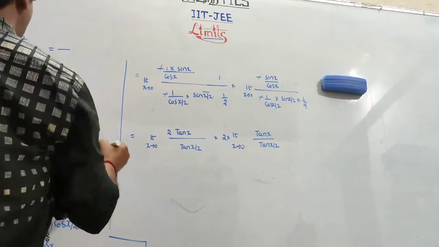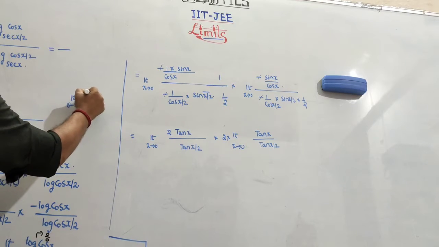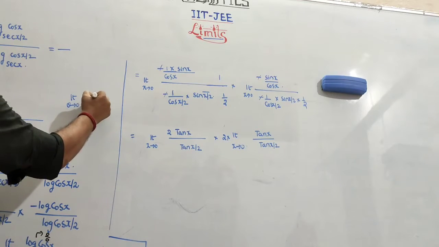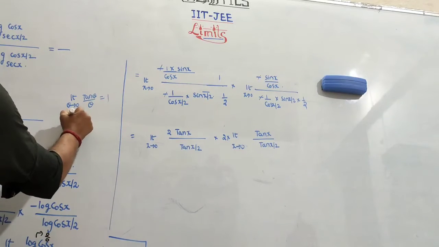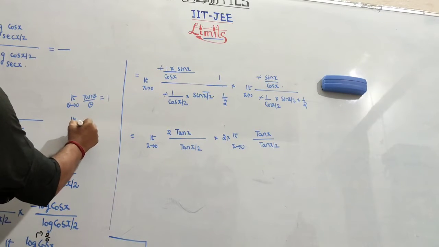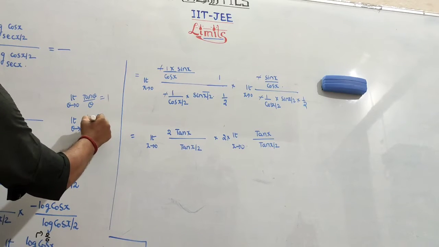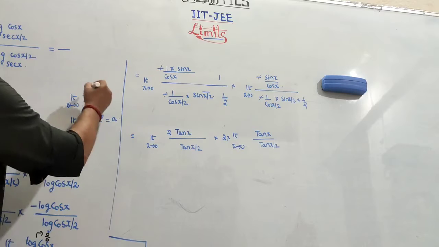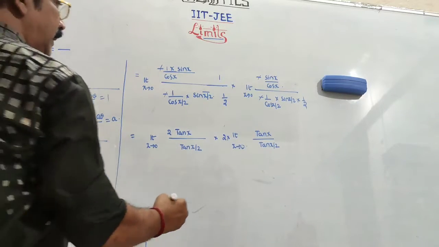Actually, limit theta tends to 0 of tan theta by theta equals 1, and limit theta tends to 0 of tan a theta divided by theta is equal to a. These are the basic formulae.